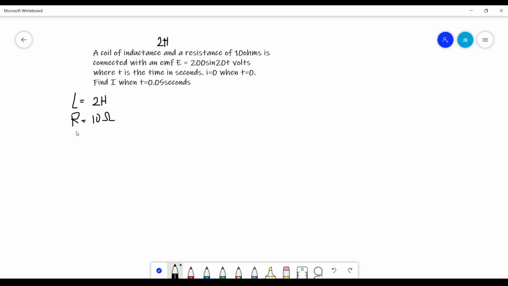And the voltage, or the V, do not get confused. In some books you use E, in some books there's also V, they are the same, just a source. Okay, so 200 sine 20t.